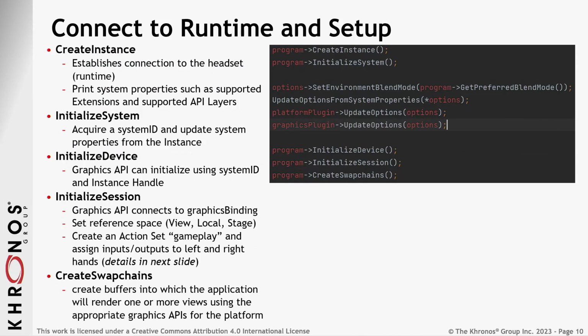You'll see here more code snippets. So the program class has a create instance, which establishes the connection to the runtime. We call it runtime. You can think of it as headset, because that's what it is with a few exceptions. But it's better to just think about it as a headset.